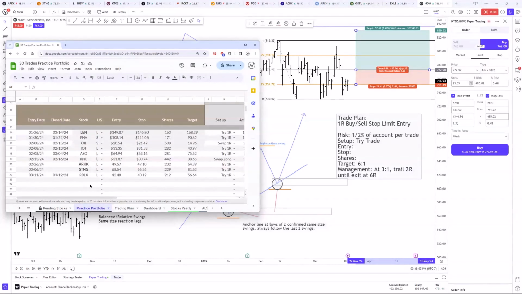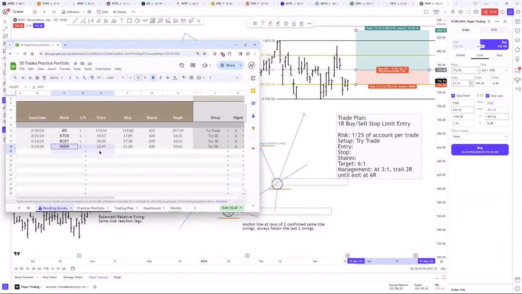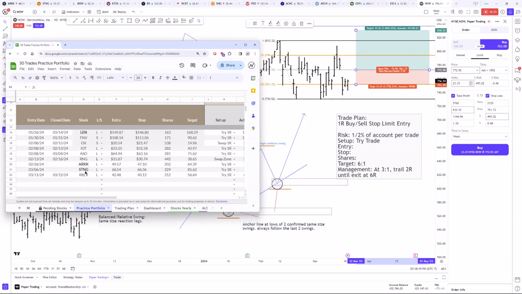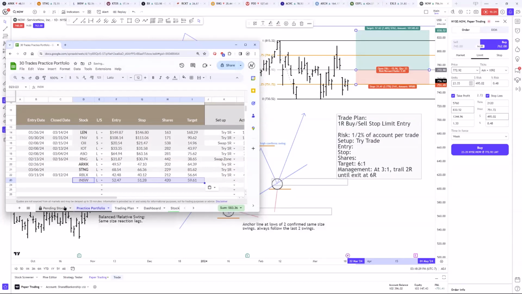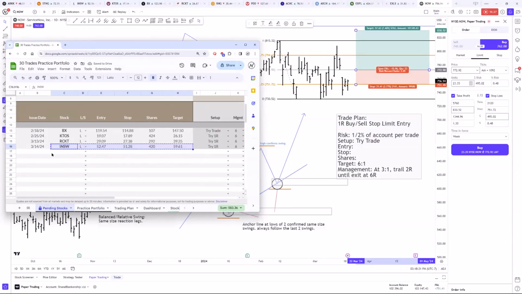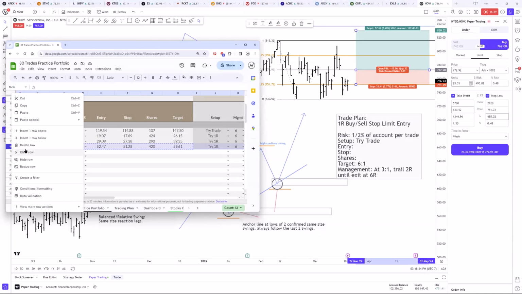Actually, this one just got hit. So we need to move it over into our portfolio. So we have now three things on. And I'll finish setting that up in a moment. So I can get rid of that. So that was pending. So I have two tabs here, one for pending trades, one for trades that are in play.